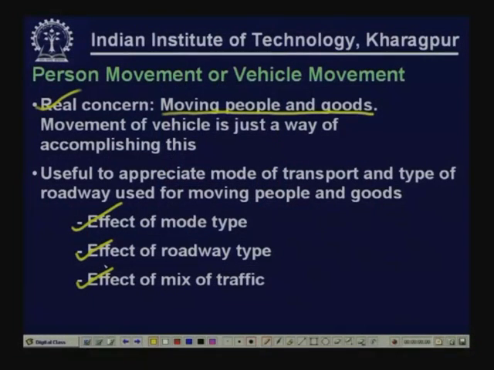In a system where you are allowing entry and exit at any point, where you have a lot of pedestrian activities around, and vehicles parked on street, all these elements will affect the quality of traffic operation on the road system. So, obviously, effect of roadway type is also important.